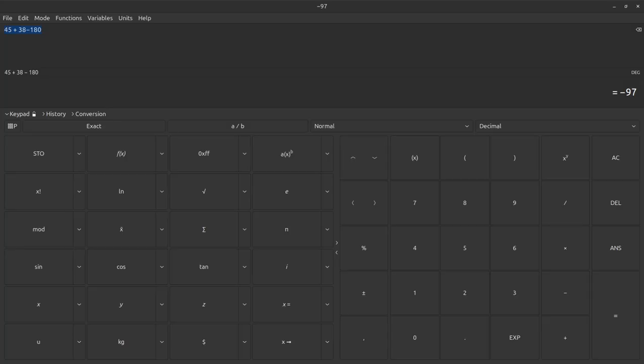So I'm having 45 plus x plus 38, which should give me 180 degrees, because co-interior angles are supplementary. Then again you have x plus 83 is equal to 180 degrees, which means x is equal to 180 minus 83, which is going to give you 97 degrees. So it's one and the same thing.